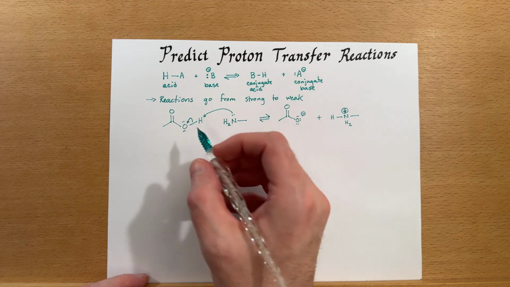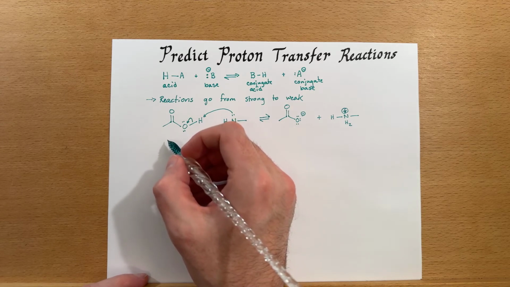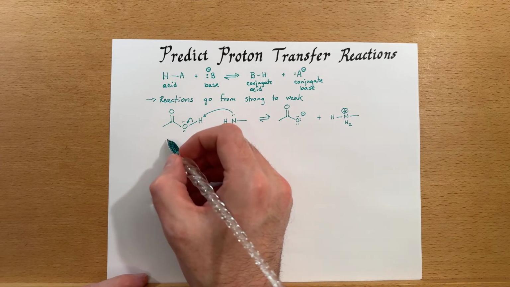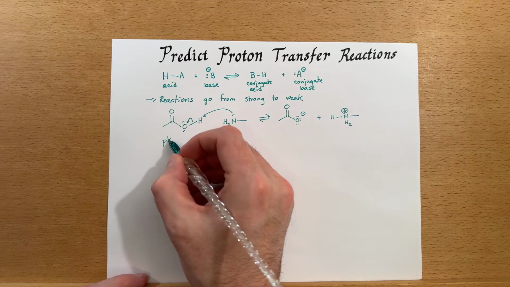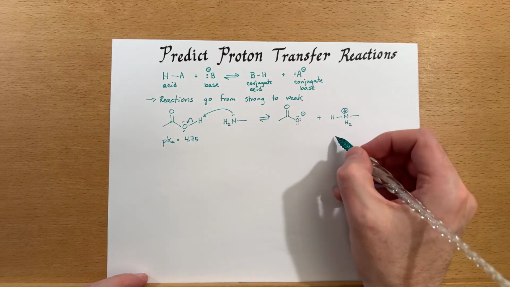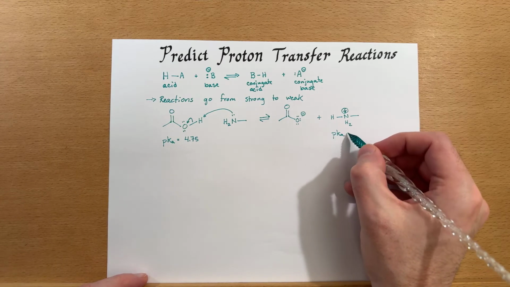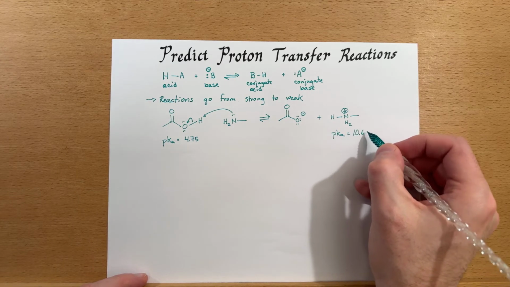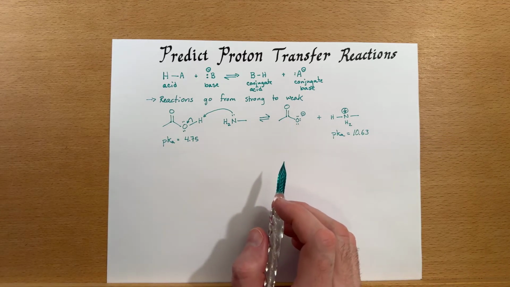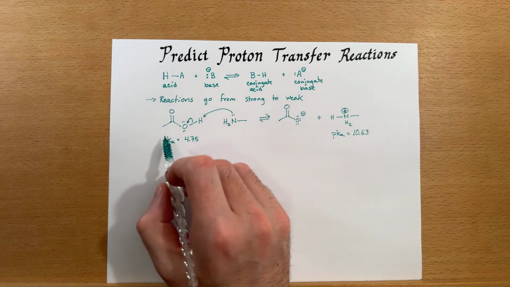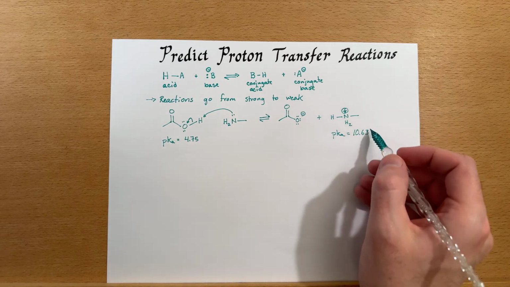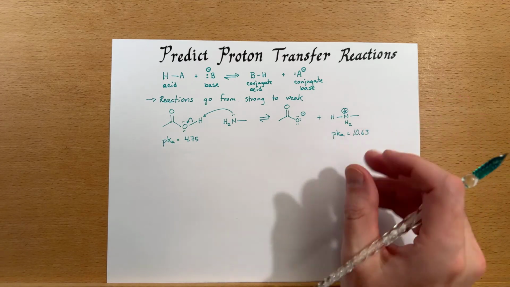Now, to predict these reactions, we'll look at the pKa of each of these acids. And we can estimate that this is about 4 to 5 based on the previous video. And we can estimate that this is around 9 to 10, somewhere in there.